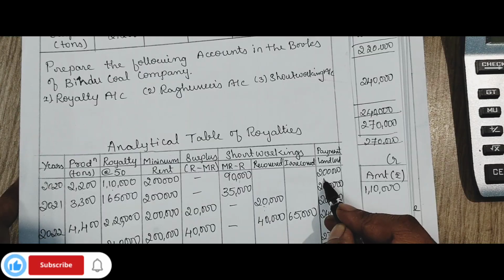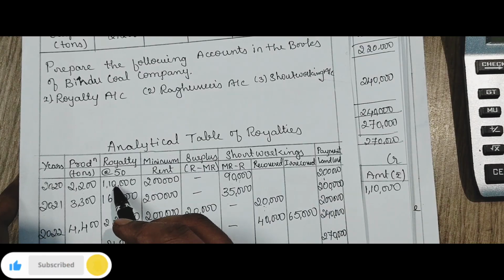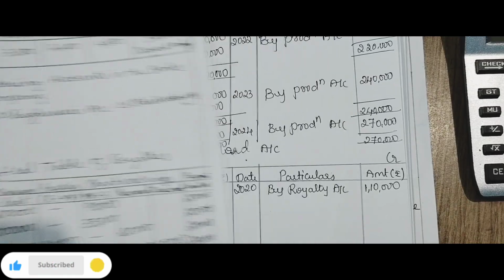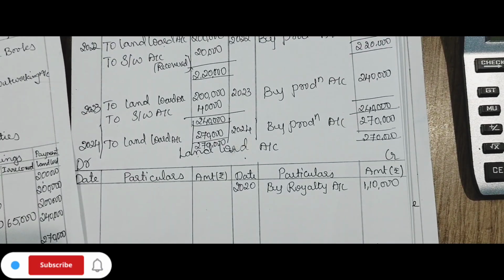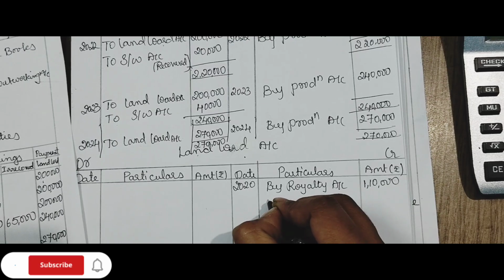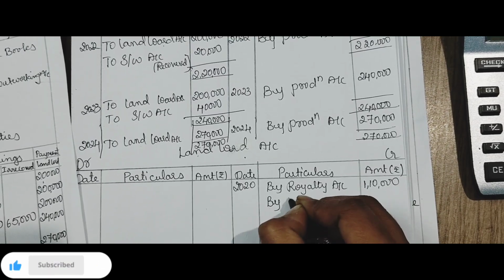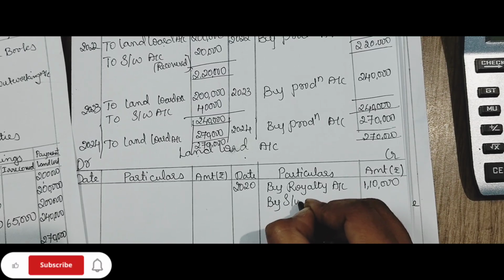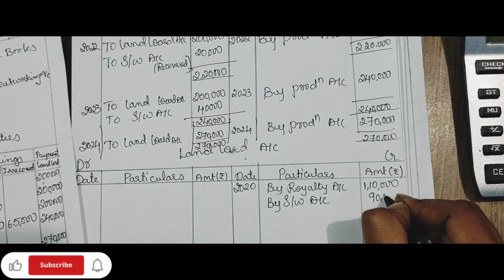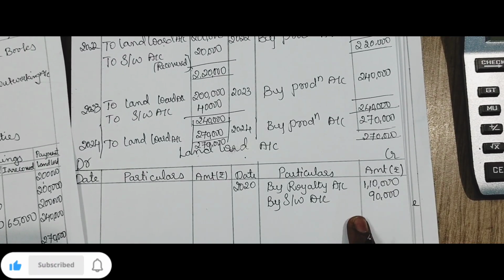How is this 2 lakh shown? In the journal entry, royalty account and the short working account. So in the landlord account, you need to credit the short working account also, by short working account 90,000.